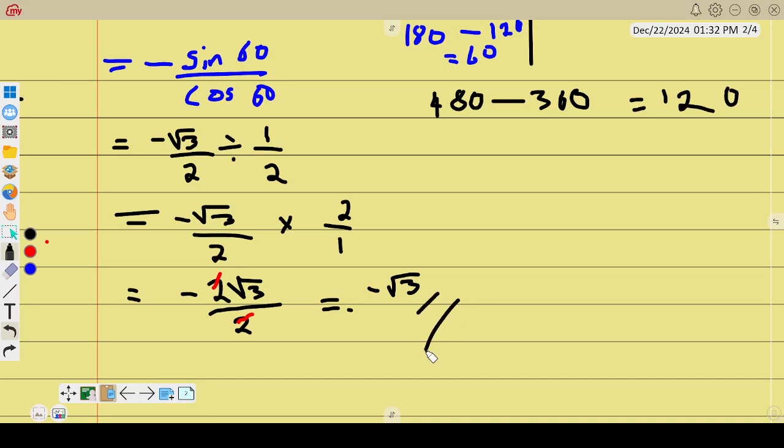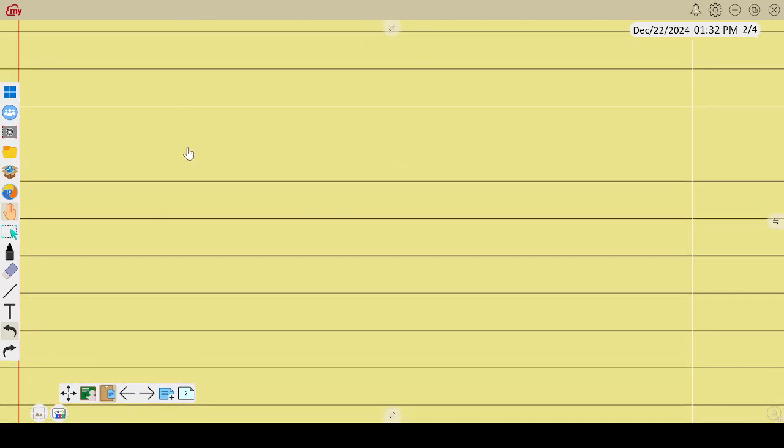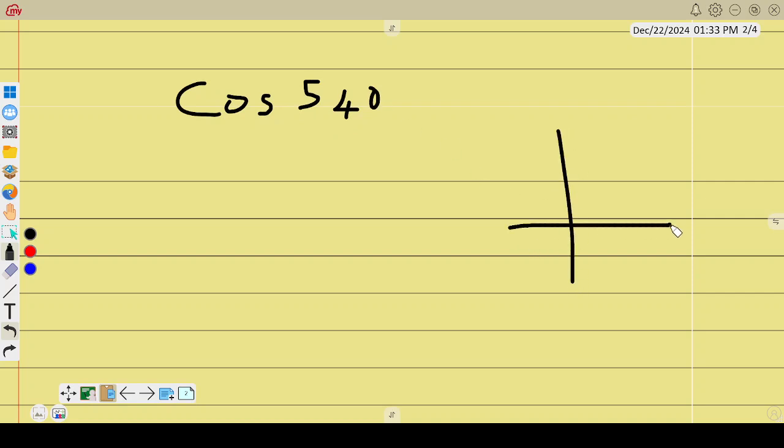Okay, so that was a whole lot of work. So before we proceed, I would like to just mention one thing. In case you are given a very funny angle, they can give you any angle. What if they tell you, can you evaluate cos 540? What this simply means is you are going to move 360, another 360, and then you keep making circles.